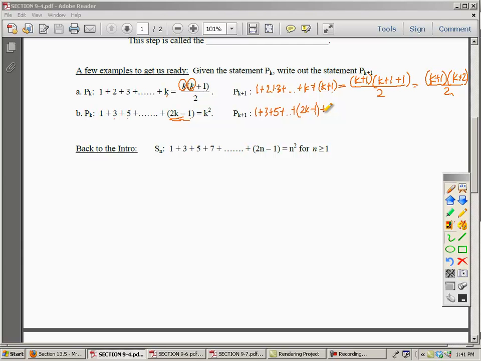But what I'm going to do is now add in another term, the K plus 1 term. Okay, so we're going to add the K plus 1 term into here. So plus 2 times K plus 1 minus 1 should equal. So this is the K term, this is the K plus 1 term.